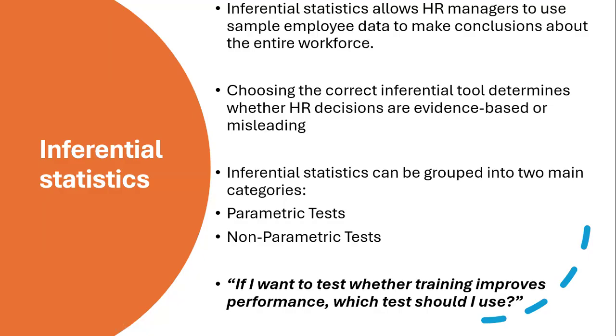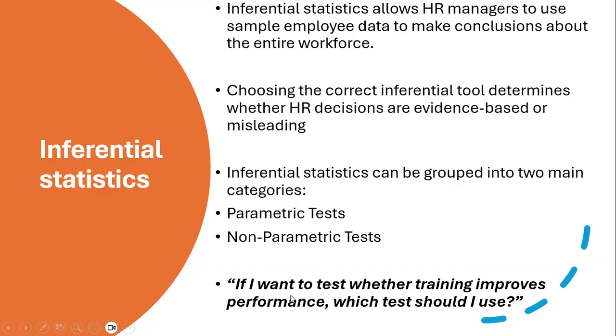Primarily, inferential statistics can be broken down into two main categories, and these include parametric tests and non-parametric tests. So think about it this way. If you are faced with the question on our screen, that is, if you want to test whether training improves the performance of employees, what sort of test will you conduct?